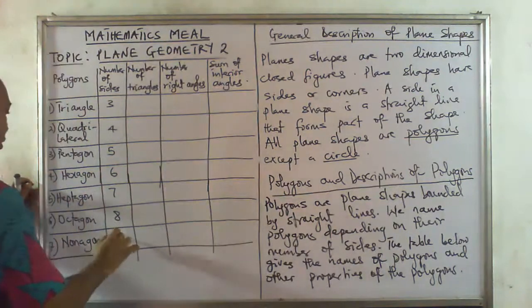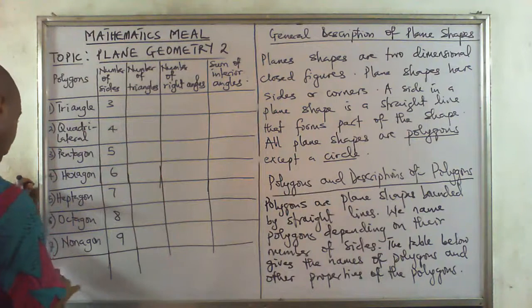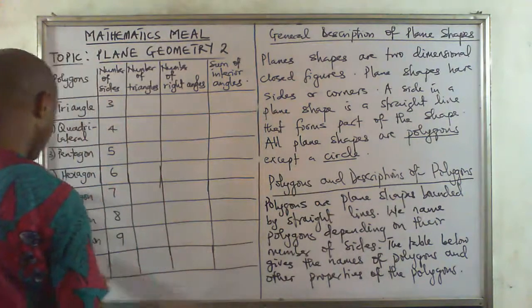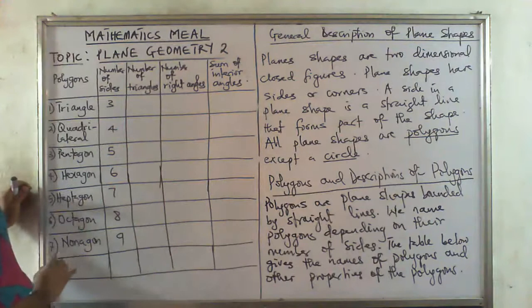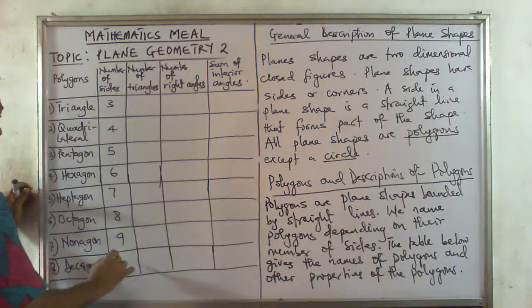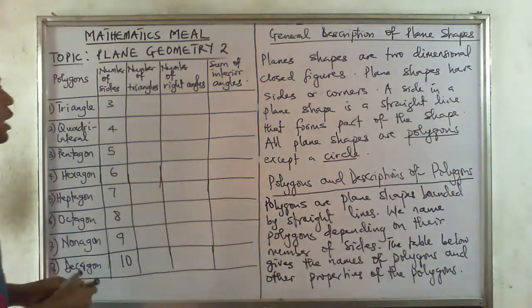Nonagon has 9 sides. And finally, where we're going to stop, there are so many others. We have what we call a decagon. The decagon has 10 sides.